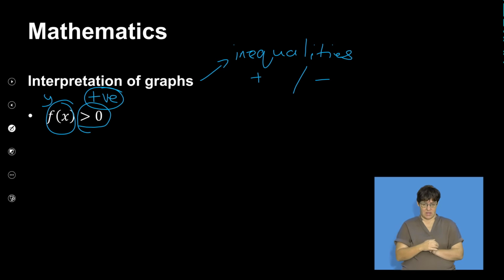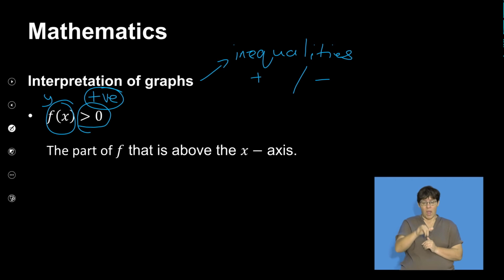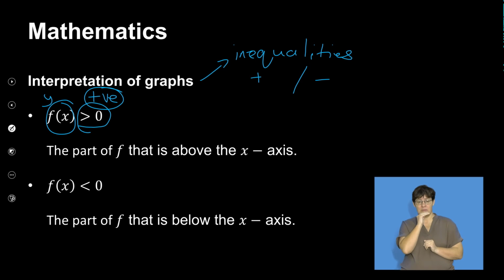So when I say where y is positive, I'm talking about where y is above the x-axis, right? So it's the part of the graph that is above the x-axis. But now, if I say f of x is less than 0, this will then be when the graph is below the x-axis, right?